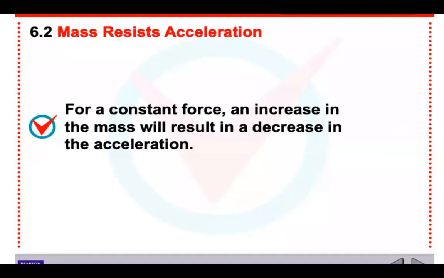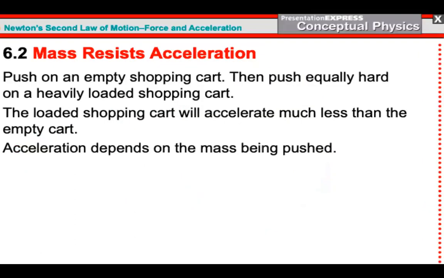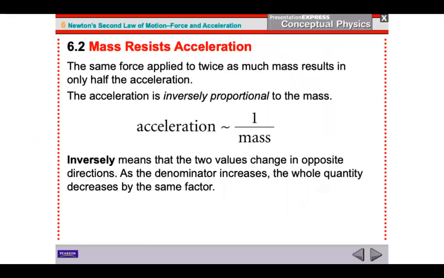Now, mass is something that will make something accelerate less when there's more of it. So this is called an inverse relationship. We know that the more inertia something has, the harder it is to change its motion. So the acceleration does depend on the mass that's being pushed, but it depends on it inversely.